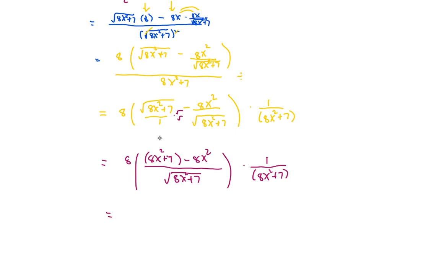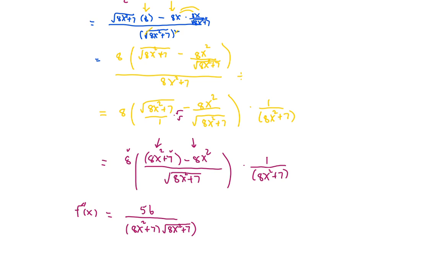In the parentheses, we can simplify by cancelling 8x squared minus 8x squared. Now we have 8 and 7 multiplied to be 56, where the denominator you can merge together as the quantity 8x squared plus 7 multiplied by the square root of 8x squared plus 7, and this is your second derivative.